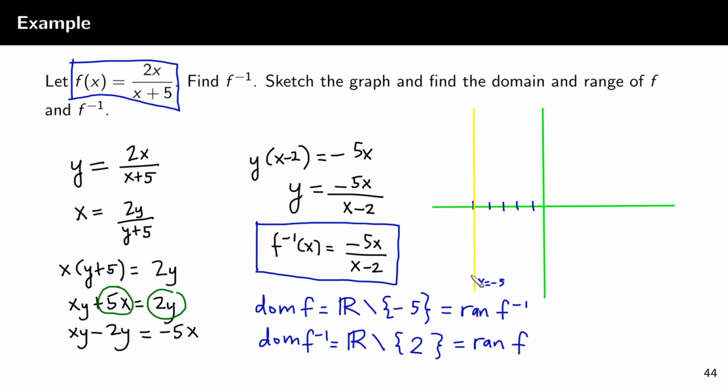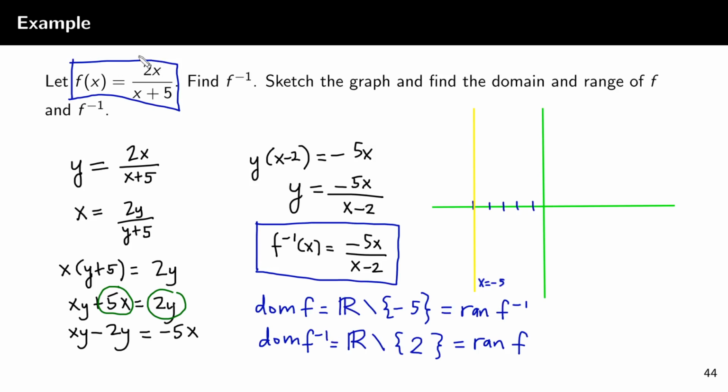Now, yung inverse naman natin, yung x equals 2 naman, yung magiging niyang vertical asymptote. But let's sketch the graph of f inverse later. Okay. Na meron tayong rule for rational functions.